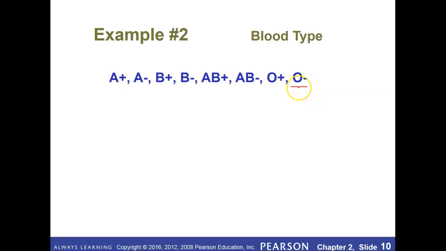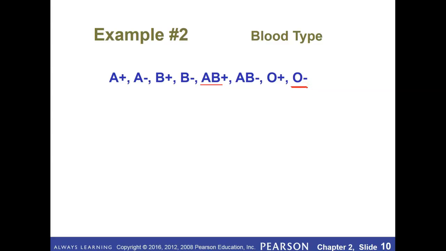The bad thing about being O negative is you can only receive O negative blood. My body would reject the other 7 types. But if you're AB positive, you can receive any type of blood. So it's good to be AB positive because you can receive anybody's blood. But if you're O negative, man, they want you to donate your blood a lot because anybody can take your blood.